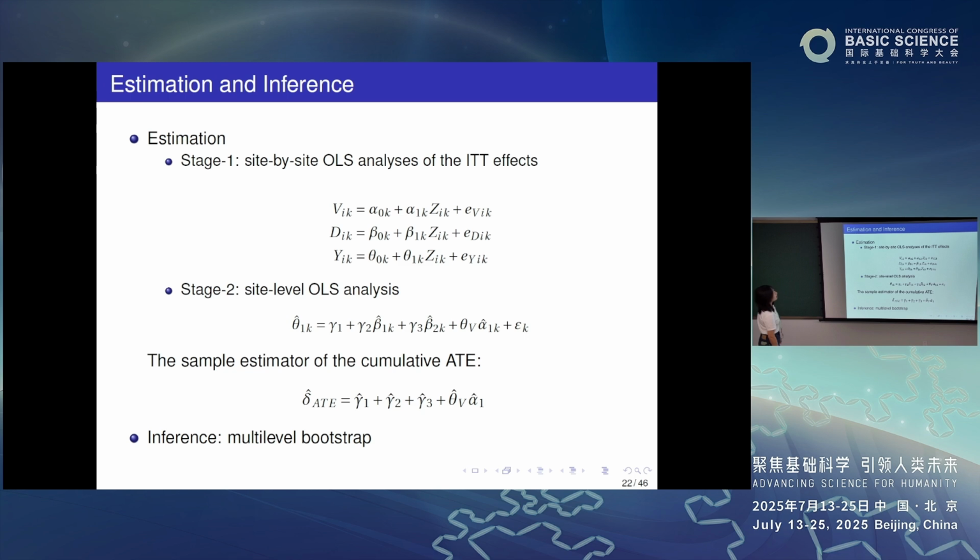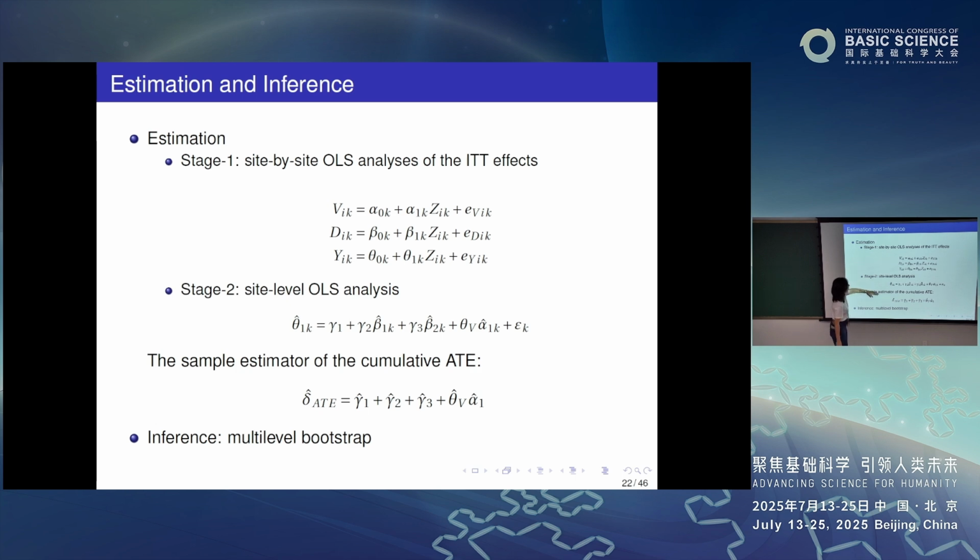Okay, now given the above description and idea, the analysis is simple. So basically what we did is the following. Within each school, we estimate the causal effect of Z on Y, Z on V, Z on D, and Z on Y. And we can get what people call ITT effects, alpha 1k hat, beta 1k hat, and theta 1k hat.